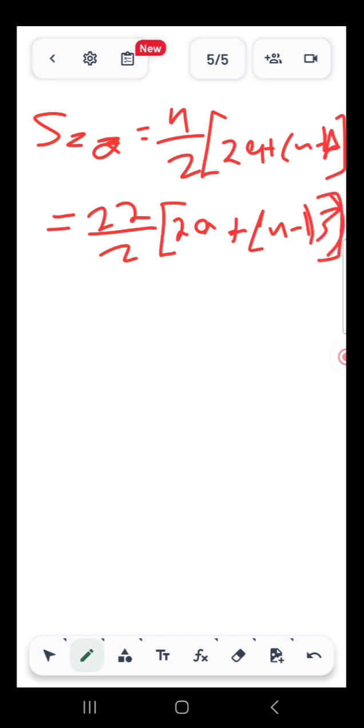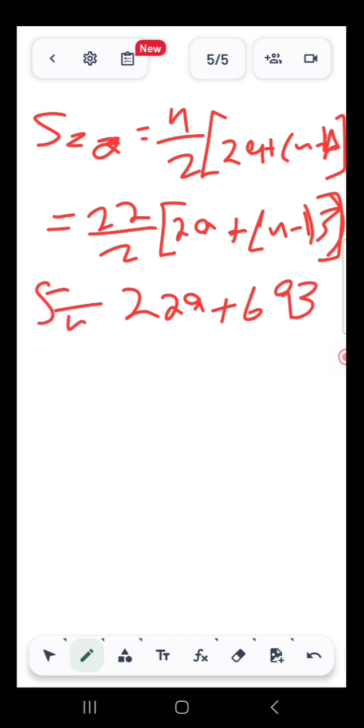They actually gave us a lot of information. Then we simplify, and S22 becomes 22a plus 693.